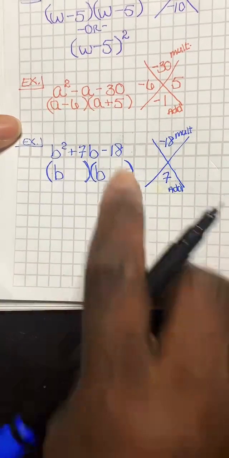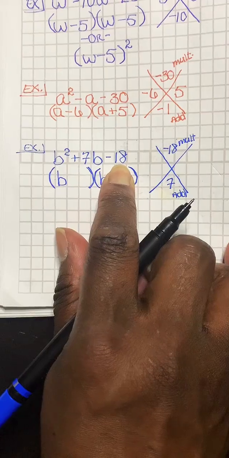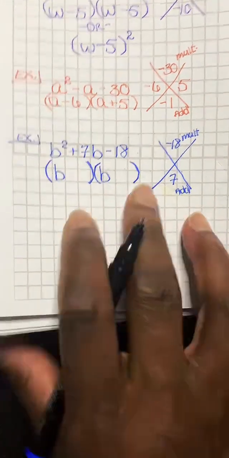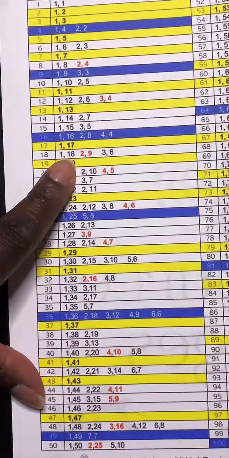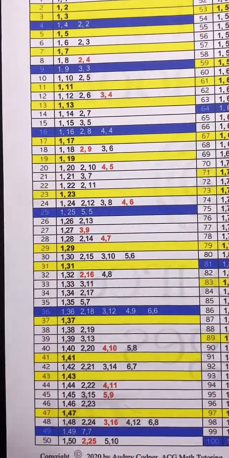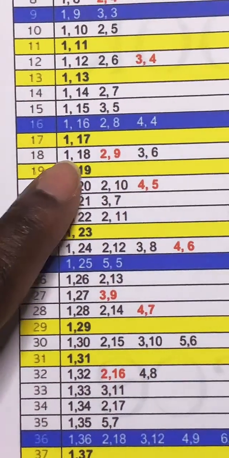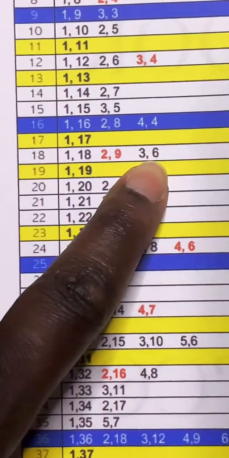Okay, so multiples for 18. You can list them out. Some people like to do that. All right, so multiples for 18, we have 1 and 18, 2 and 9, and 3 and 6.